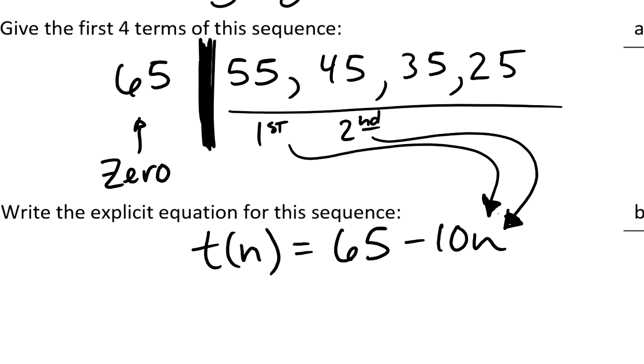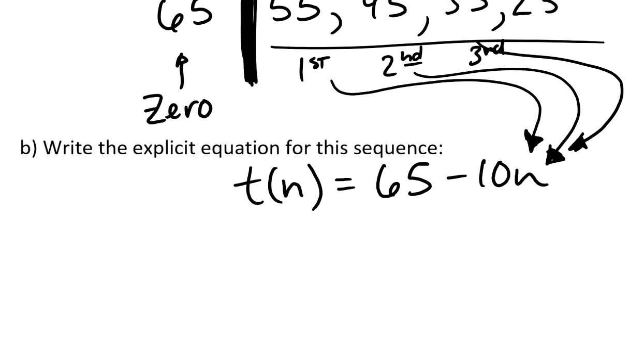So this is exactly how we show repeated subtraction, right? I'm subtracting 10 three times to get the third term, and 65 minus 10 minus 10 minus 10, or 65 minus 30, is 35. So it's a beautiful explicit equation for that particular sequence.